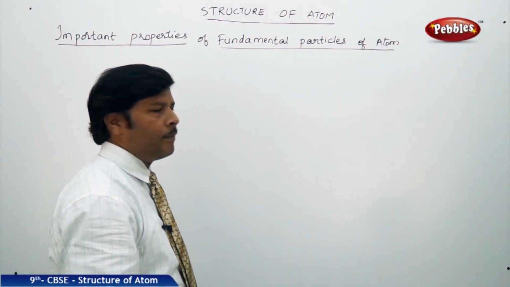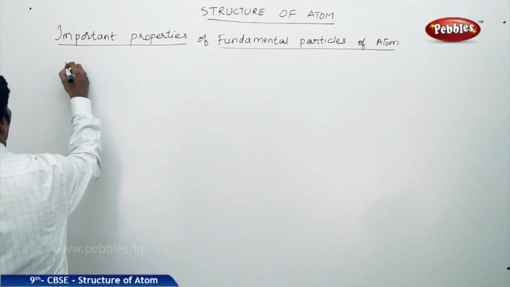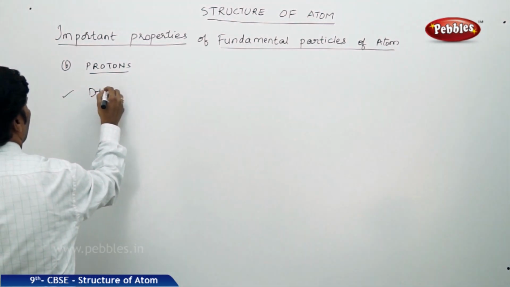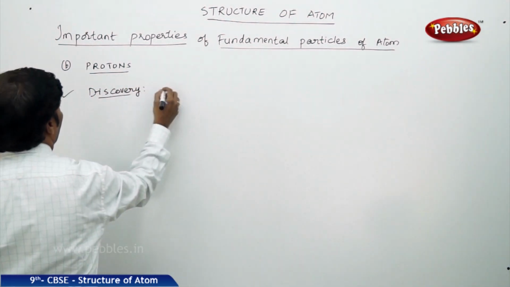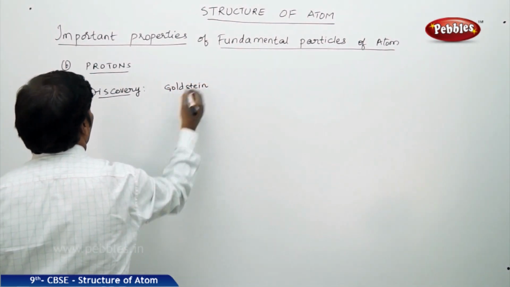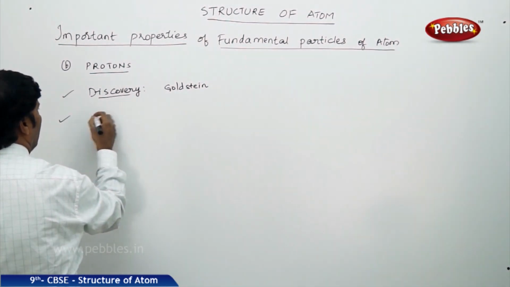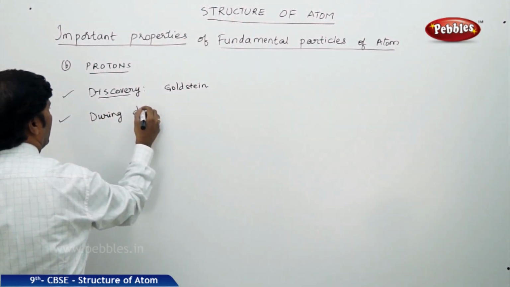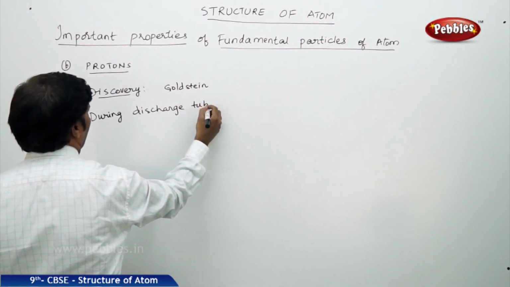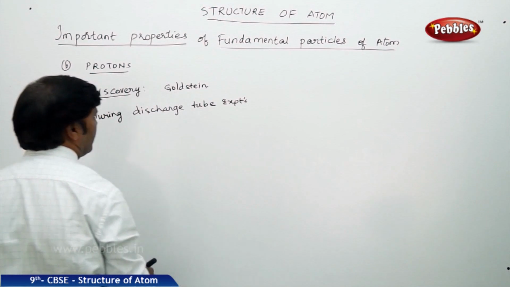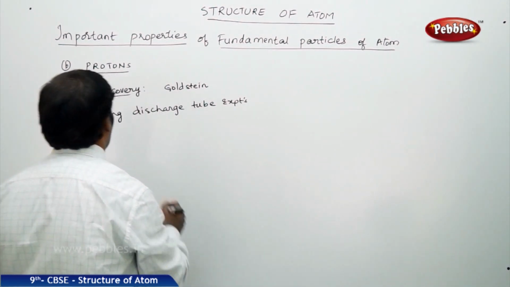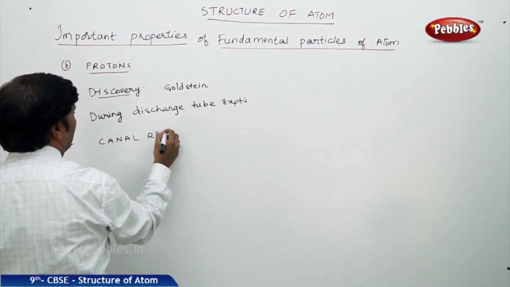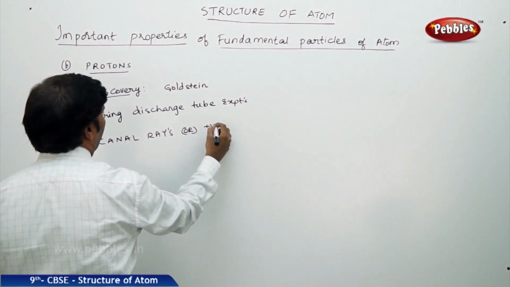The second fundamental particle of atom is proton, B. Protons were discovered by Goldstein during discharge tube experiments, and these protons are also called canal rays or simply positive rays.